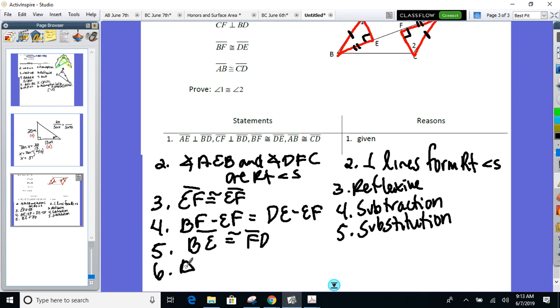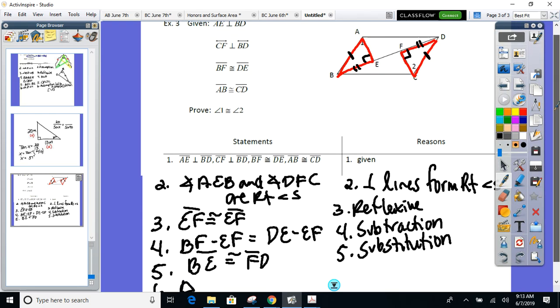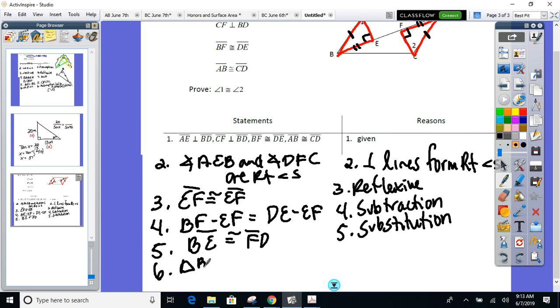So I need to say triangle BEA and triangle CFD are right triangles. Anybody reason why? Dan. Right triangles contain right angles. Yes. Contain's a pretty big word, so I'm just going to say have.